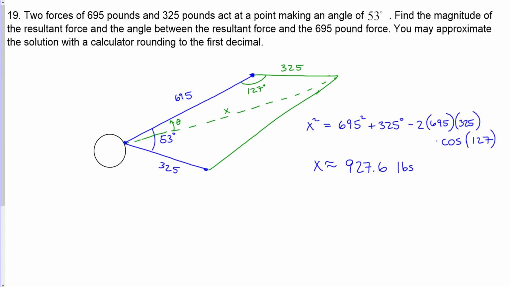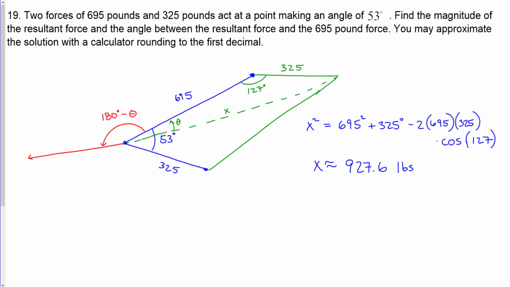The resultant force is going to be going this way. The angle between the 695 and the resultant force is actually this angle right here. So it would be 180 degrees minus what we came up with for theta.